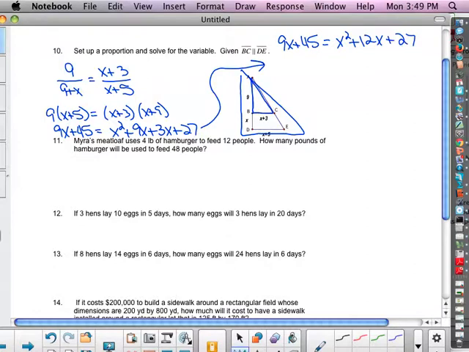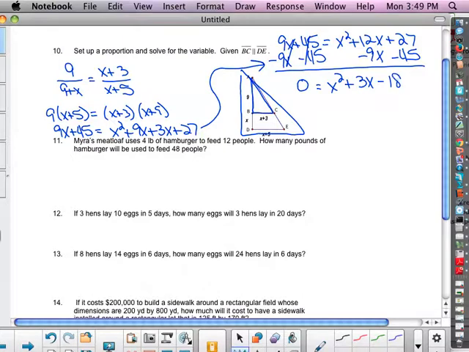Again, in order to keep my leading coefficient positive, I'm going to subtract the 9x from both sides. I'm going to subtract the 45 from both sides. That puts a 0 on the left, and I have x squared plus 3x minus 18. Factor that. Remember, you're looking for two numbers that multiply to negative 18, but add to positive 3. That's going to be x plus 6 and x minus 3.